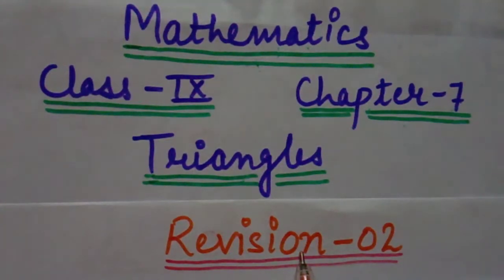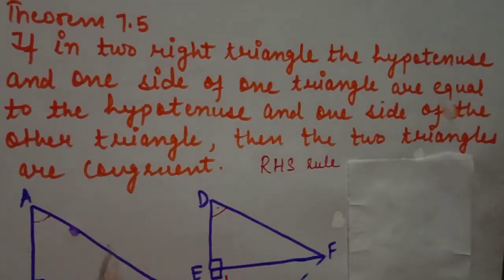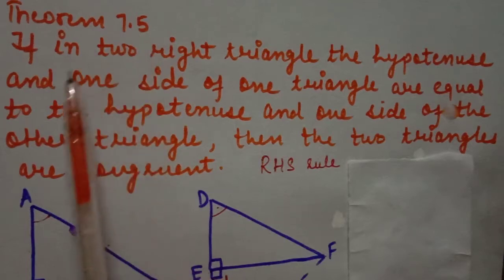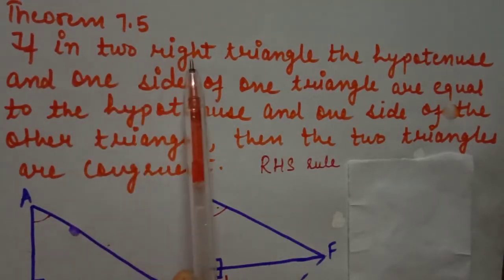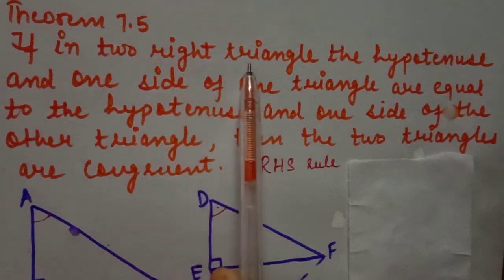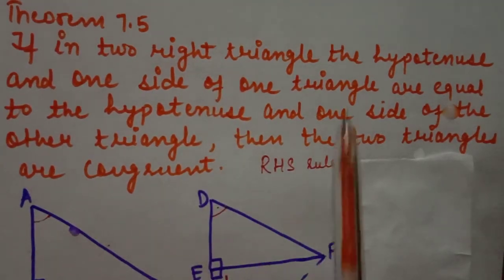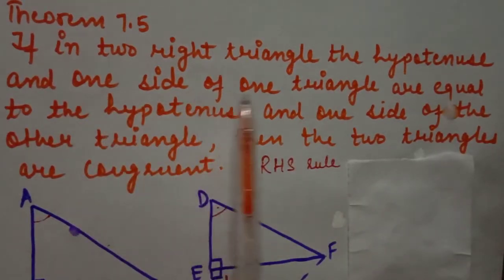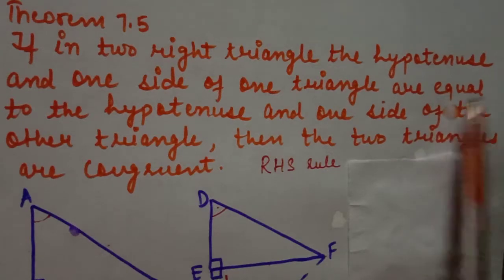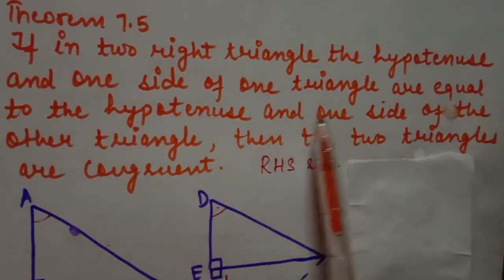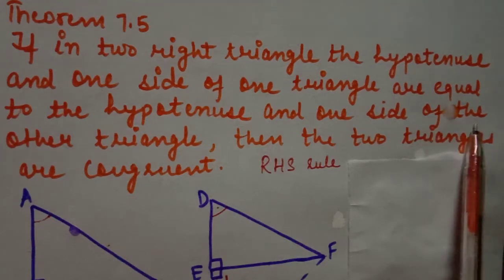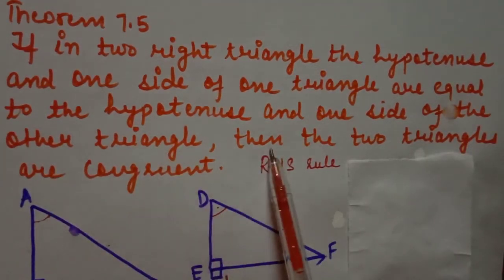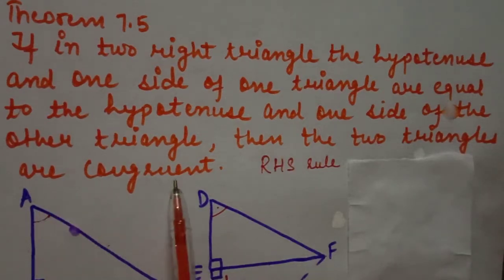So, we will start our lecture with theorem 7.5. Theorem 7.5 is, if in two right angle triangles, the hypotenuse and one side of the triangle are equal to the hypotenuse and one side of the other triangle, then the two triangles are congruent.